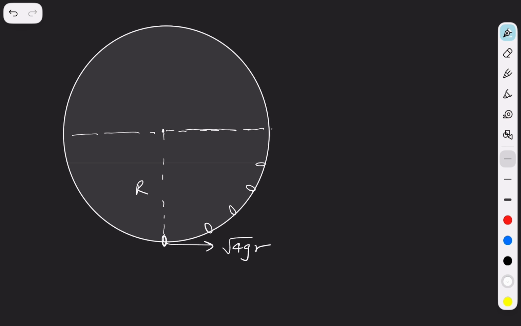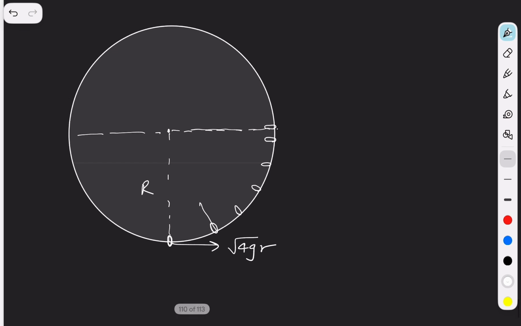Right now the normal force is like this only. If you see the vector diagram, it will be more, and then a little less, then a little more less, less, less.